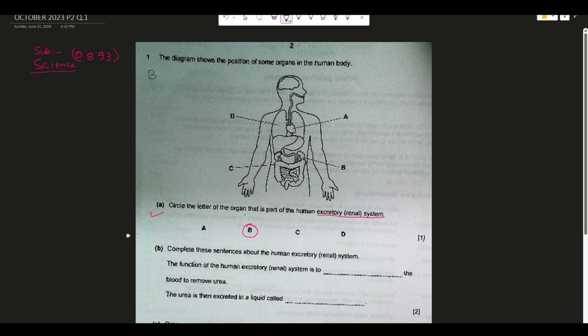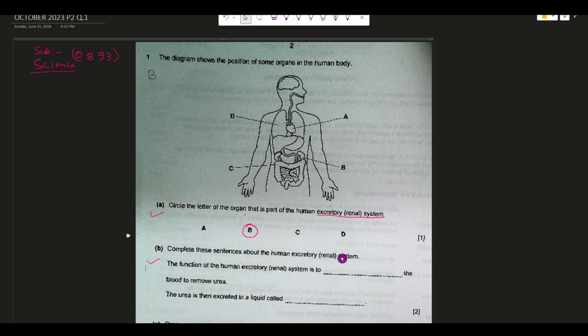Now sub question B says, complete these sentences about the human excretory renal system. The function of the human excretory renal system is to dash the blood to remove urea. In the excretory system, the part that we have circled is a kidney, and you know very well that the kidney filters the blood to remove urea.